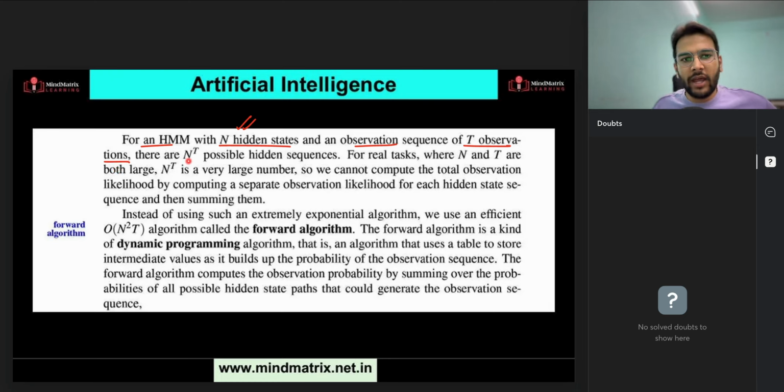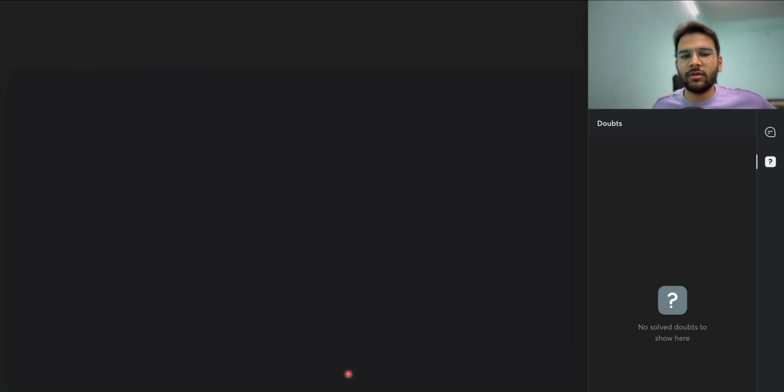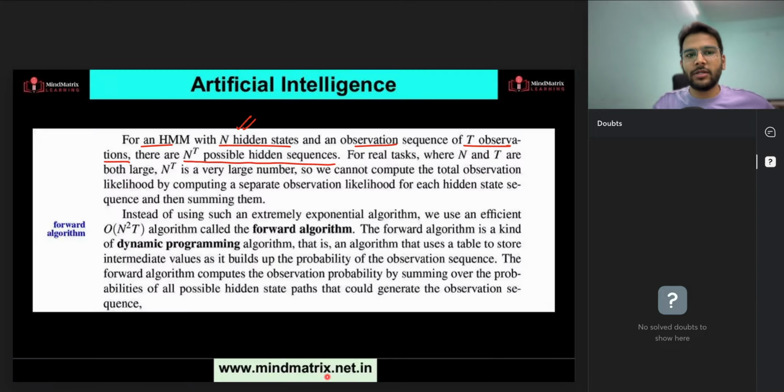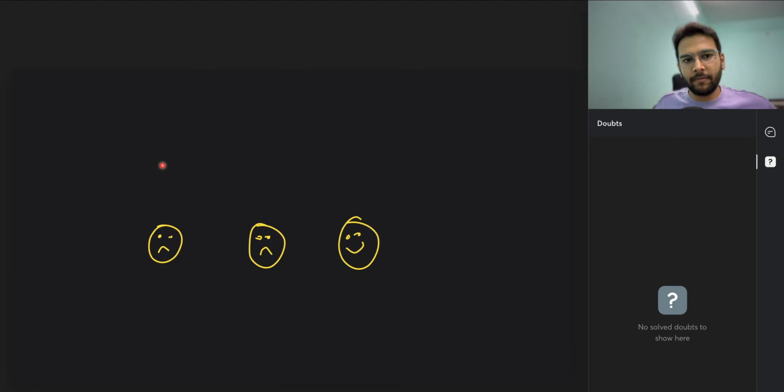So there are n raised to the power t possible hidden sequences. Is this clear? This is also quite logical. Let's say sad is there, happy is there. So how many sequences are possible? How many possible hidden sequences? For this one there will be one sequence, this one also, this one also.